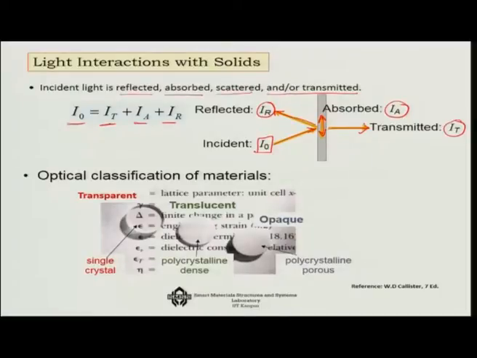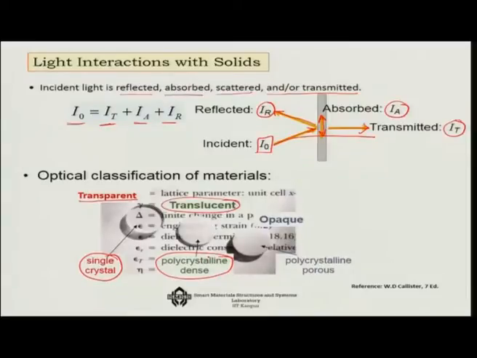Now, we always say that there are three types of materials. One is the transparent material. When we talk about transparency, it means that most of the light is transmitted through the system, like a single crystal. Sometimes we say that it is translucent. Translucent means some part of the light is absorbed and some part is transmitted, like polycrystalline dense materials.